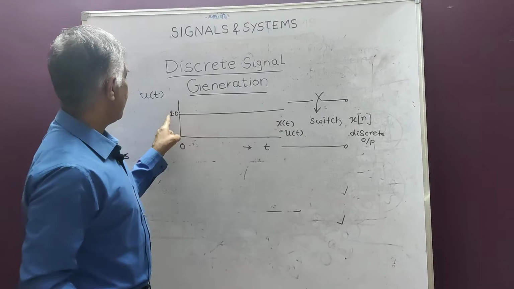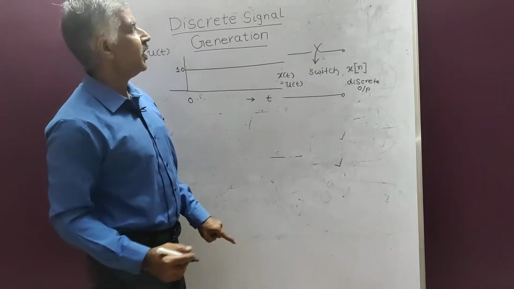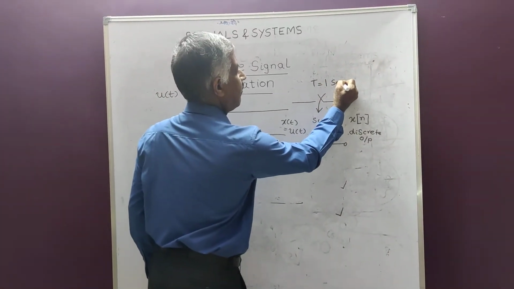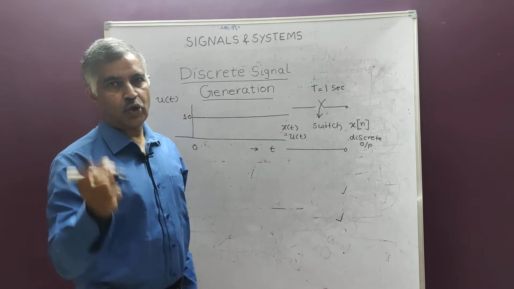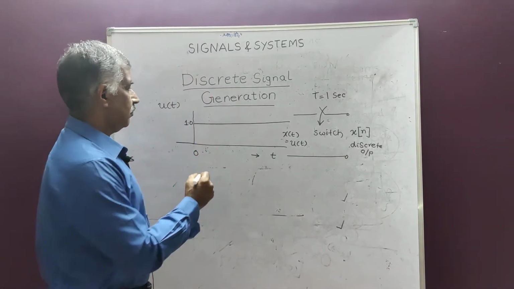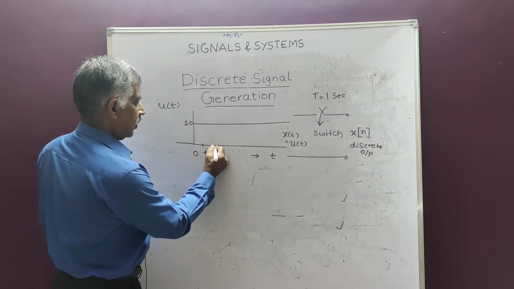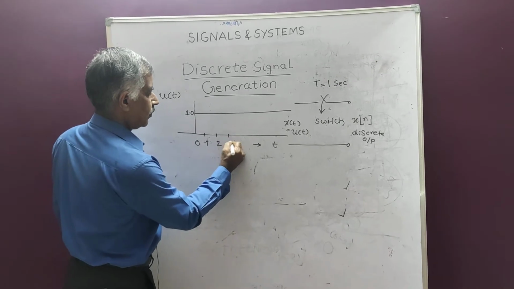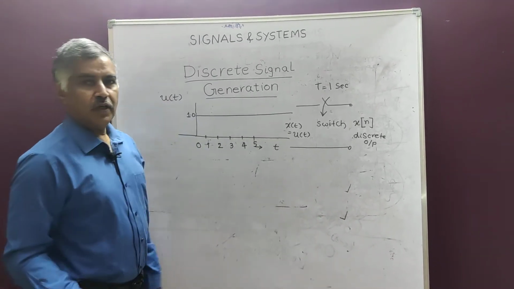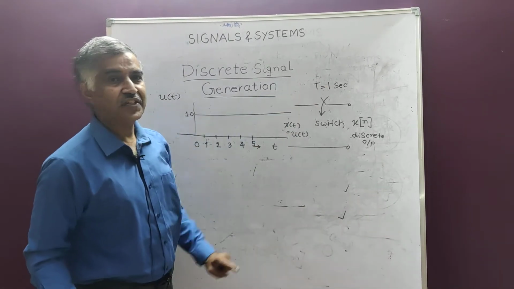So x(t) is the same as this u(t), and let us assume that T is 1 second. Every 1 second the switch is closed and opened. So sampling is done at the interval of 1 second.